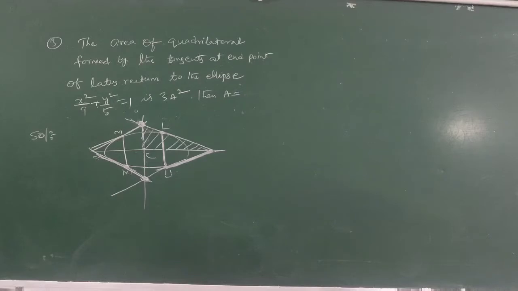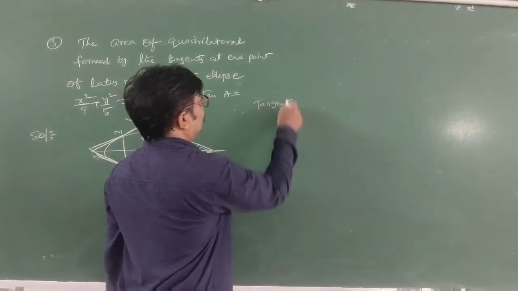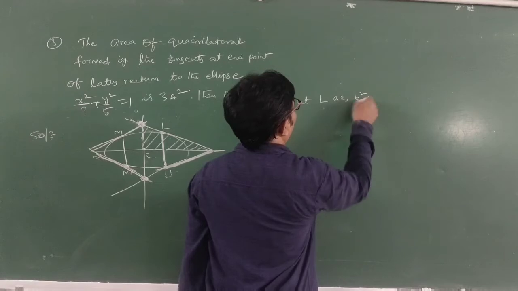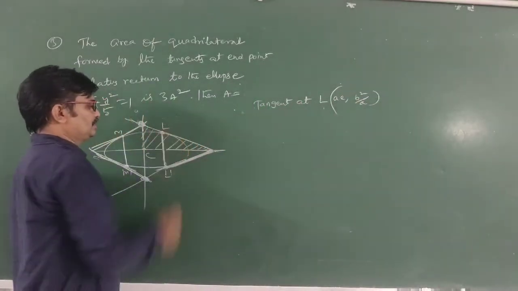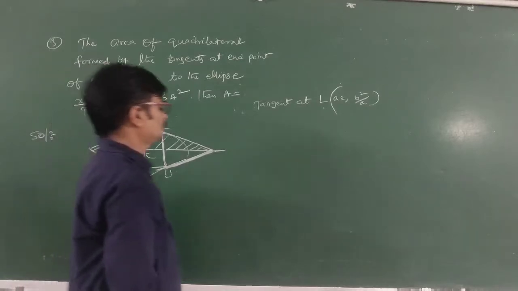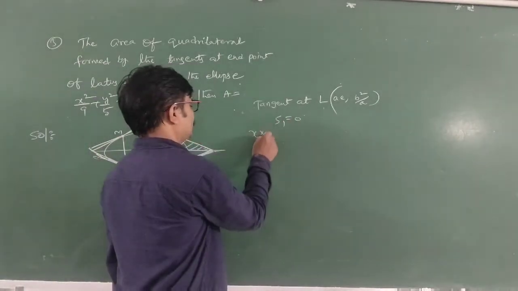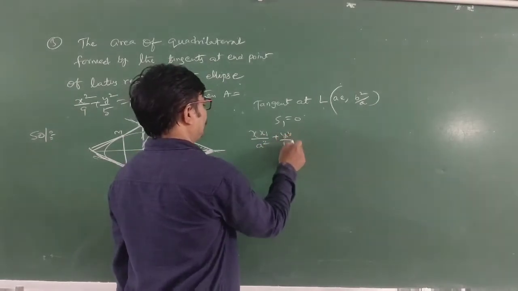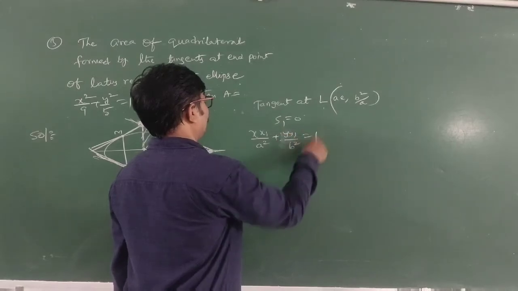So dear students, the tangent, we know that the tangent at L is (AE, B square by A). This is AE comma B square by A. So that is S1 equal to 0: x1 by A square plus y1 by B square equal to 1.